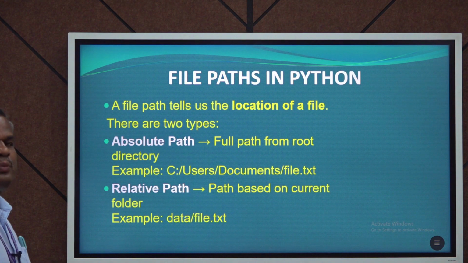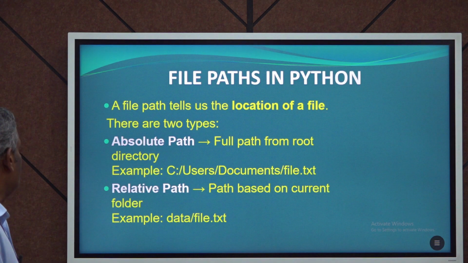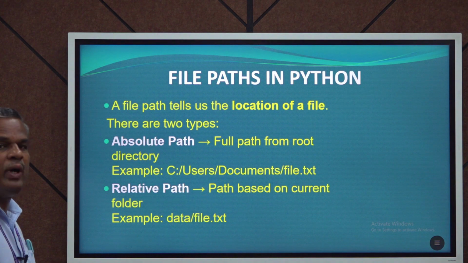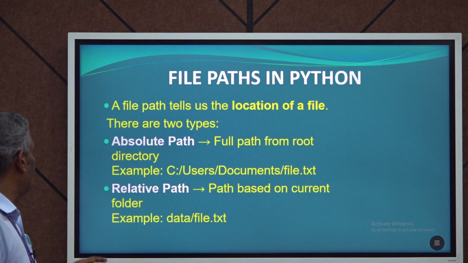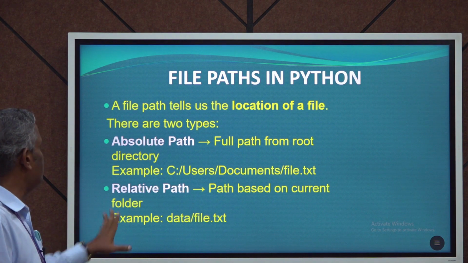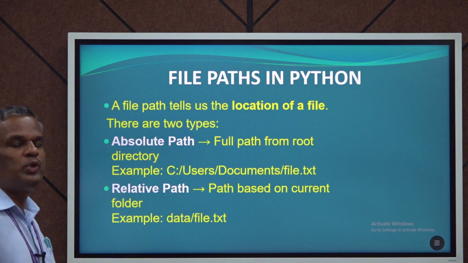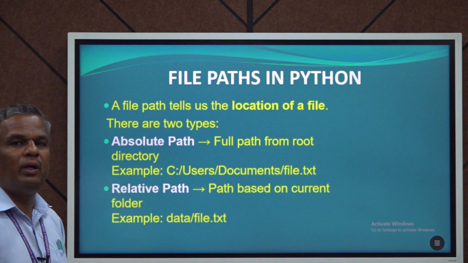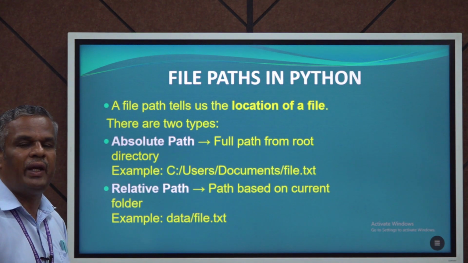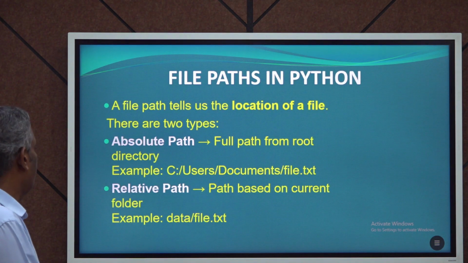If you give an absolute path, it will give the full path from the root directory. If you use a relative path, it will tell the current folder directory. For example, file.txt stores under the folder data. So this is the difference between absolute path and relative path. Absolute path gives the full file path, and relative path gives only the current path.